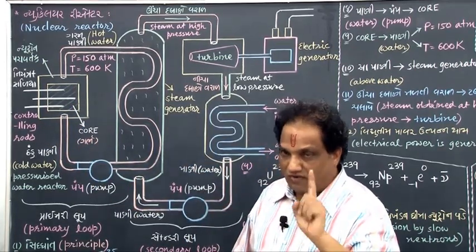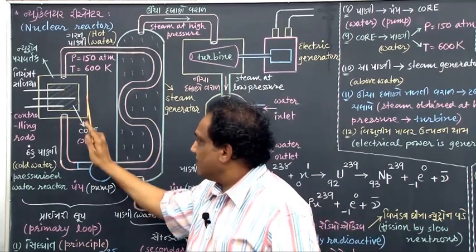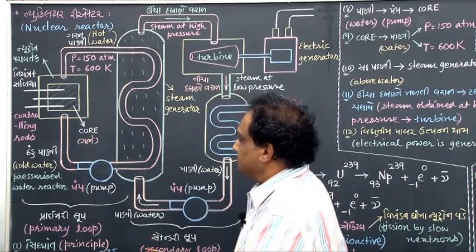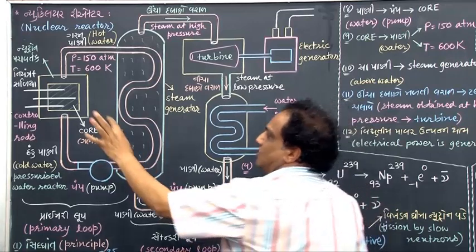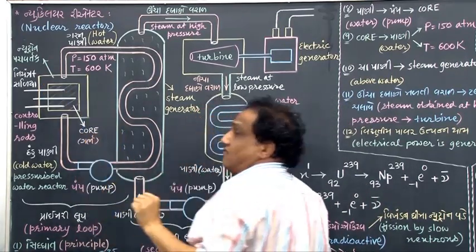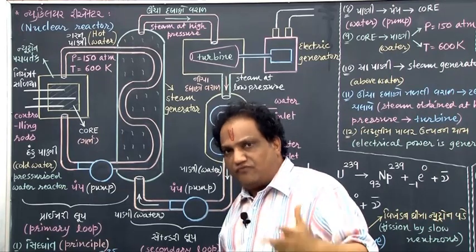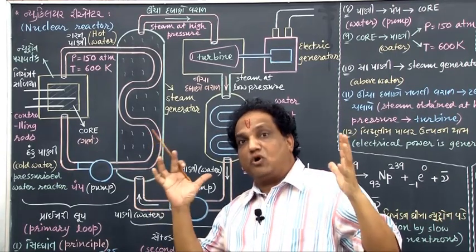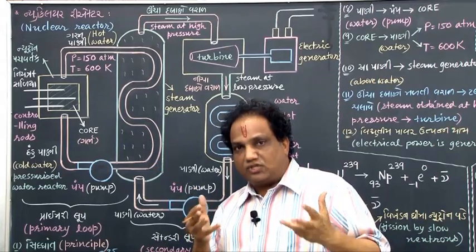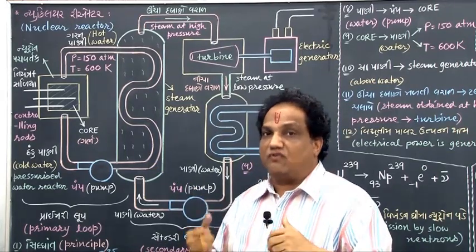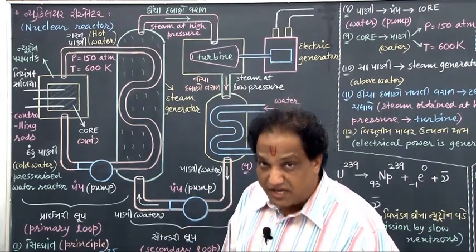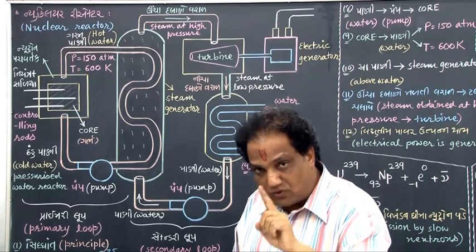Now, first of all, we allow this nuclear chain reaction to take place, through which we get an enormous amount of heat energy. Actually, it is obtained through the conversion of nuclear energy into heat energy.